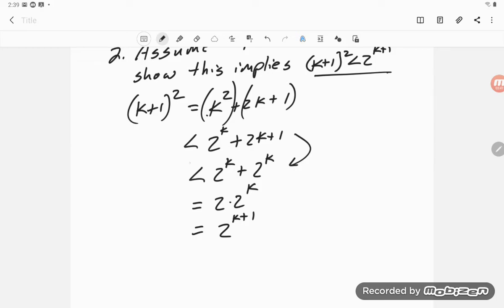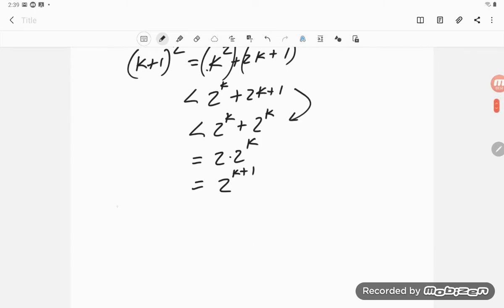And so there is our induction step. And thus, n squared is less than 2 to the n for n greater than or equal to 5.